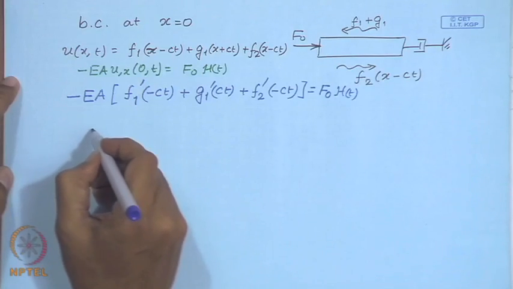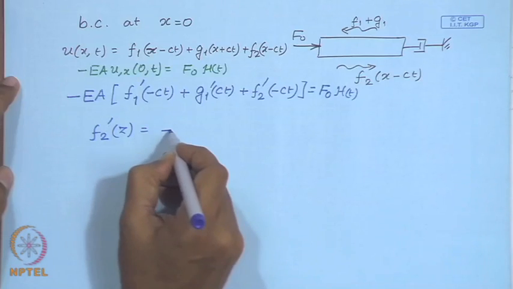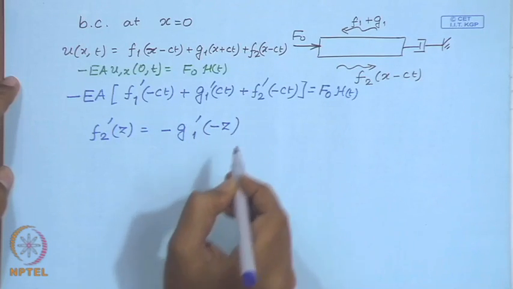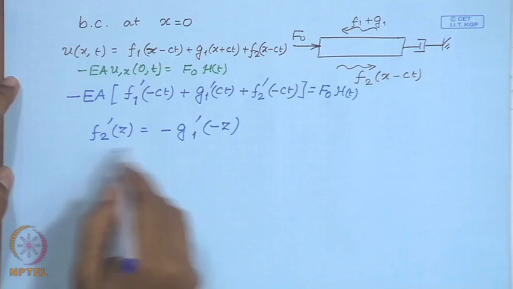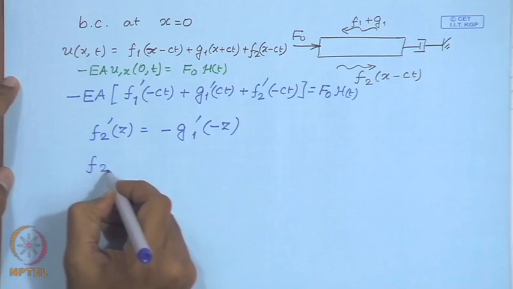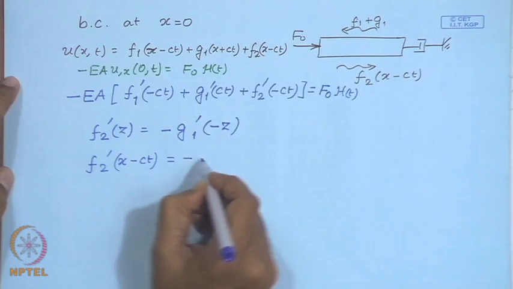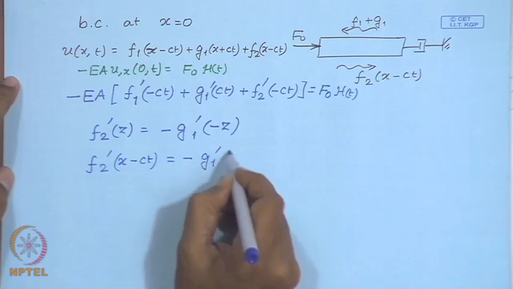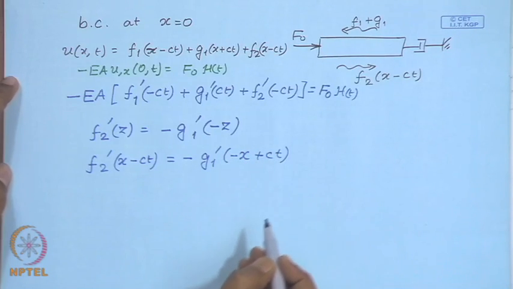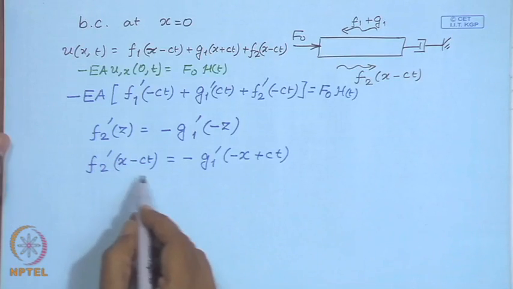So, finally, when you simplify, this is what we are going to obtain, and therefore, we have solved for f 2 prime x minus c t.